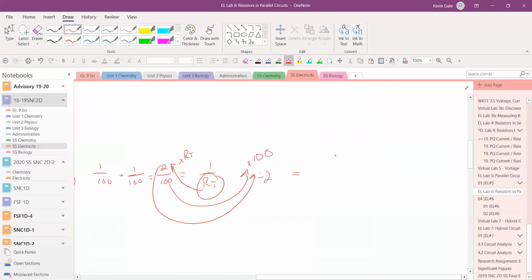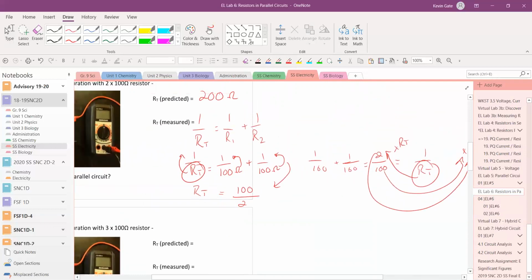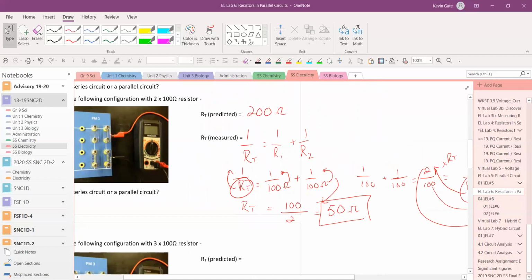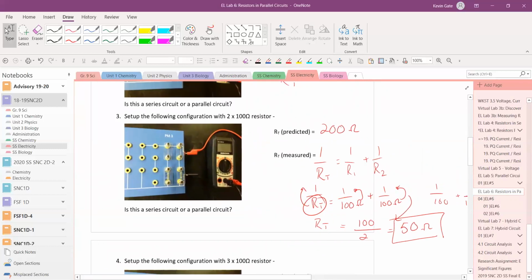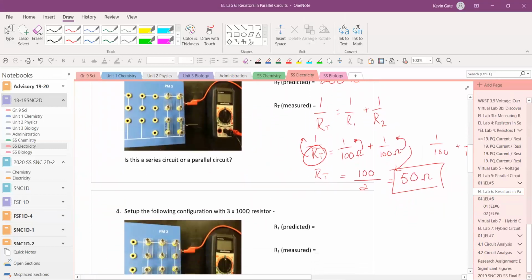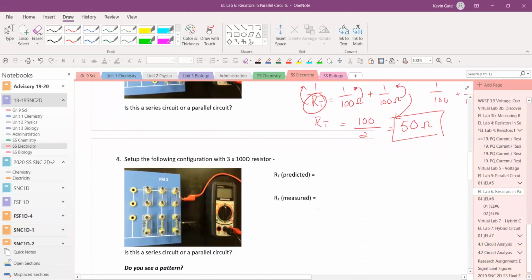So what we end up with is RT equals 100 over 2. Simplifying that, our final answer: 50 ohms. And if we measured this using an ohm meter in lab, we would see that we reach a resistance of roughly 50 ohms.